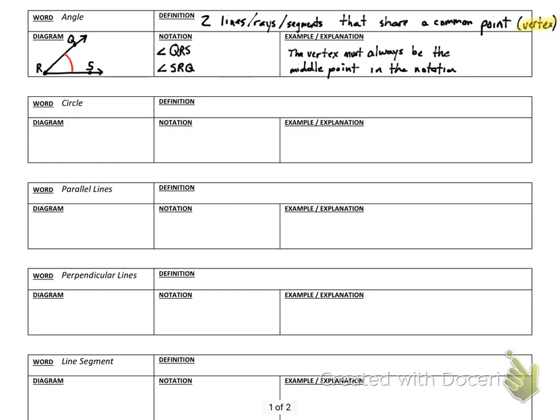So the vertex must always be the middle point in the notation. I'm going to underline that. Go ahead and underline it. I have a highlighter here on my iPad. If you've got it, you can use it, but otherwise just underline it, make sure it stands out.